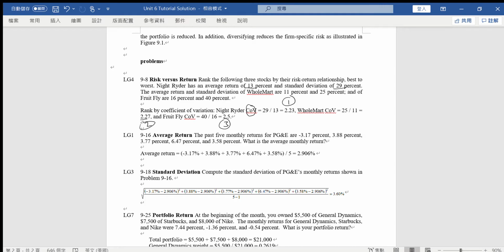Okay, then another one is about the average return, and it gives you the past five years' results of PGE. One figure is negative in the first year, and the second, third, fourth and final years are positive. No matter what, for the average return we just add up all of them and divide by 5, the total number of years, and that will be 2.906.